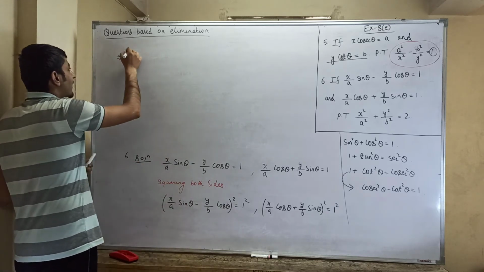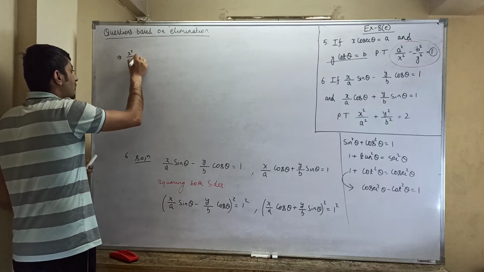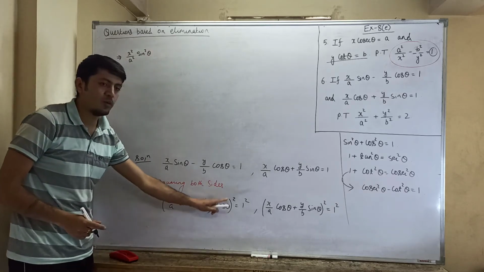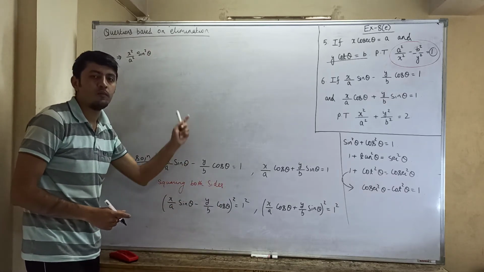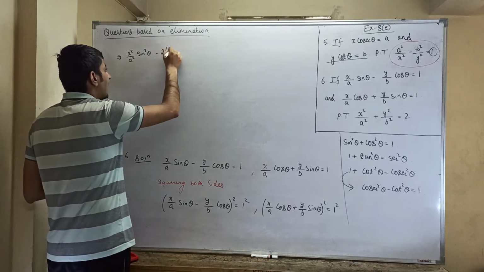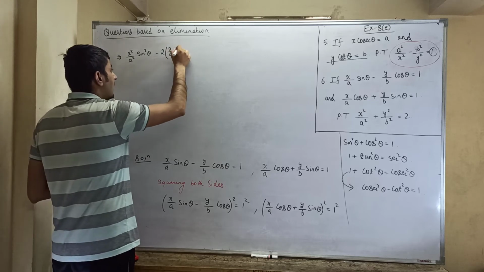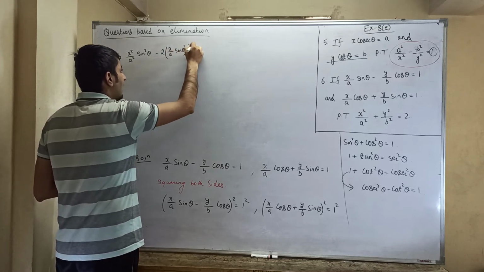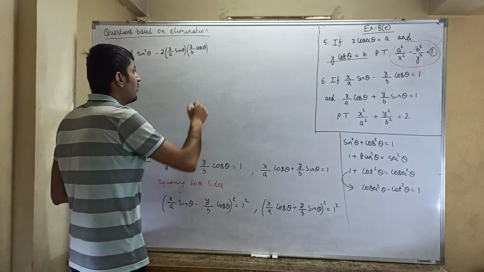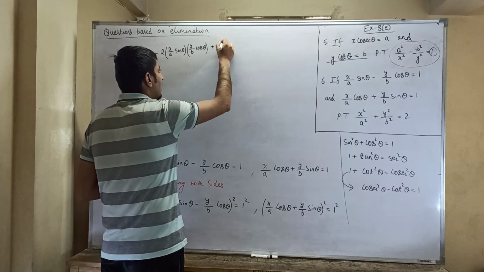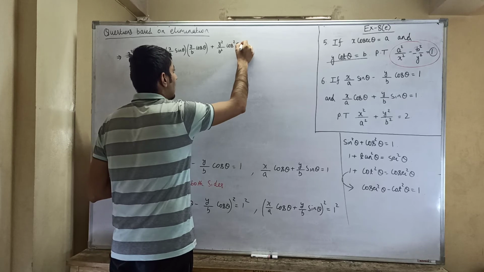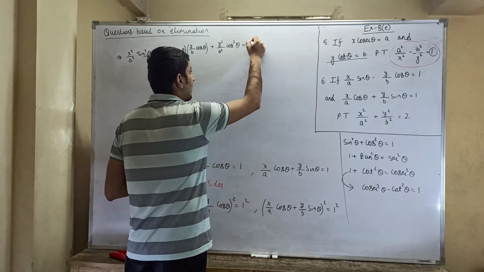This square means x square by a square sine square theta, minus twice ab, that is 2 into x by a sine theta into y by b cos theta, then plus y square by b square cos square theta is equal to 1 square, which is 1.